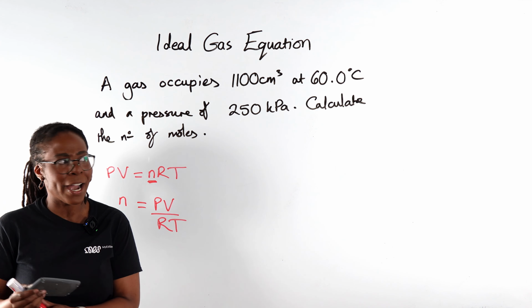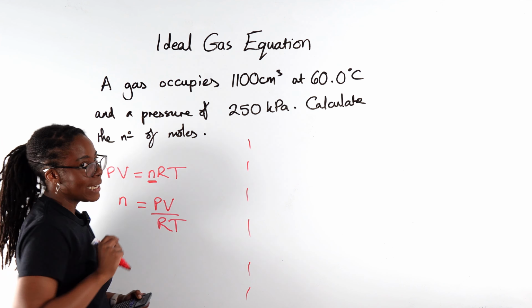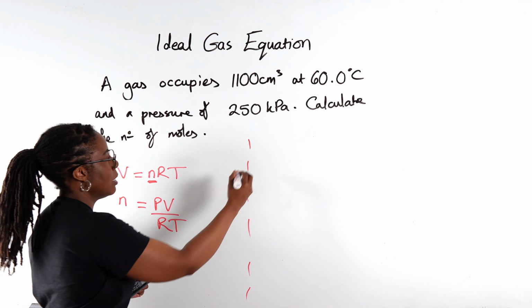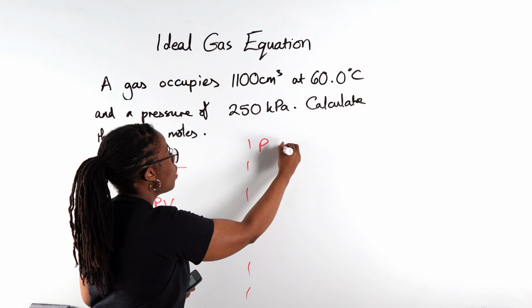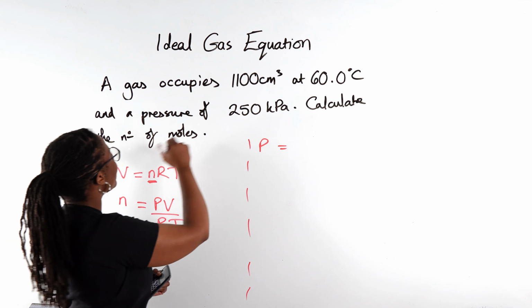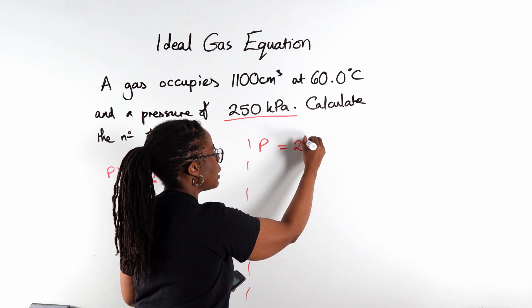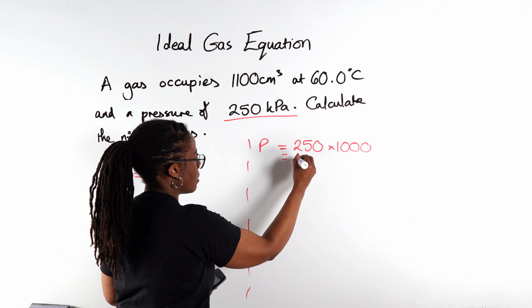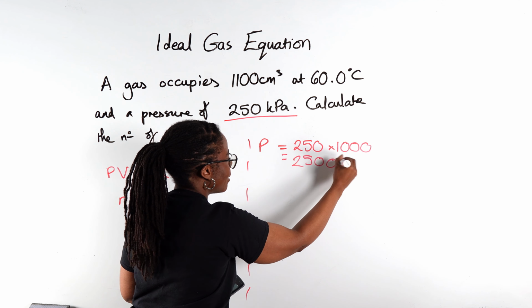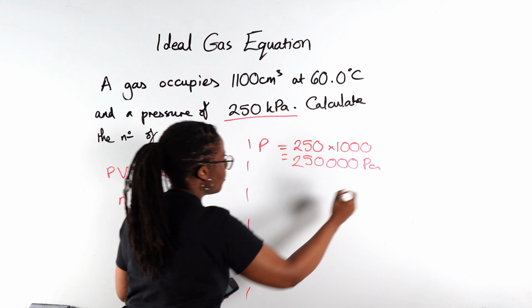So I'm going to split the page. I'm going to go over here, make sure my P, my V, and my T are all in the correct units. So pressure, as we've already established, needs to be in pascals. We've been given the pressure in kilopascals. So that's going to be 250 times 1,000 to give us 250,000 pascals.